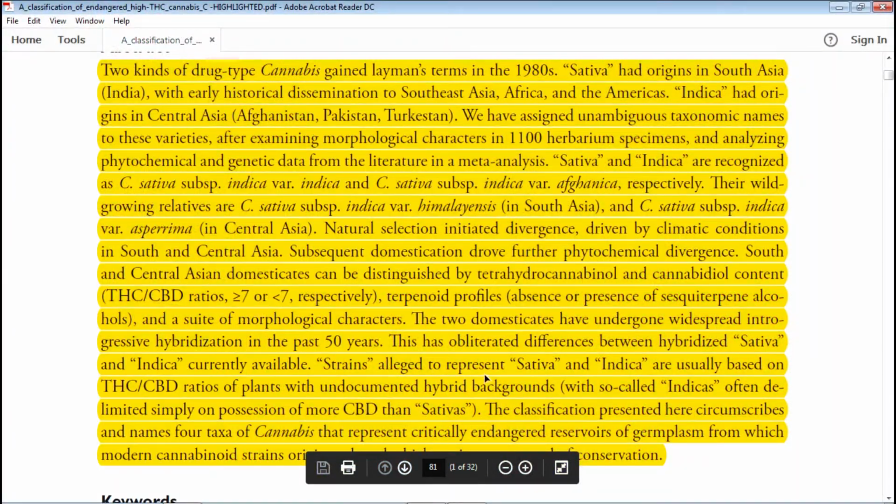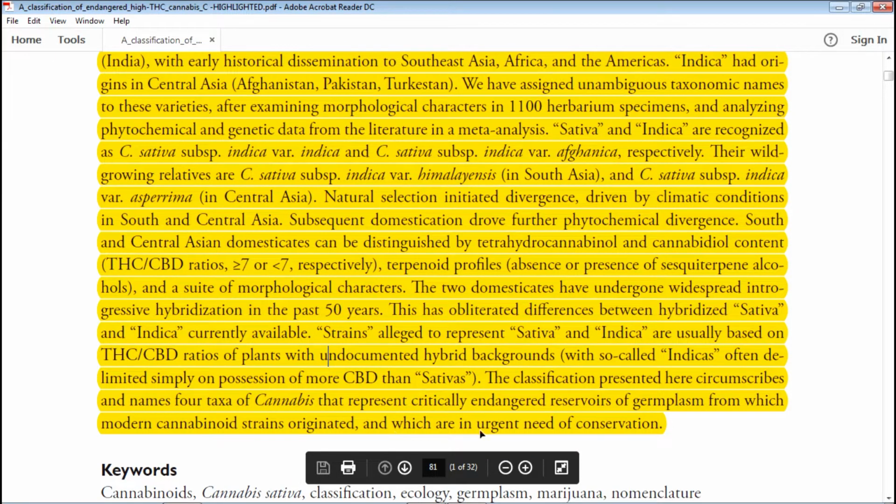Strains alleged to represent sativa and indica are usually based on THC/CBD ratios of plants with undocumented hybrid backgrounds, with so-called indicas often delimited simply on possession of more CBD than sativas. The classification presented here circumscribes and names 4 taxa of cannabis that represent critically endangered reservoirs of germplasm from which modern cannabinoid strains originated and which are in urgent need of conservation.